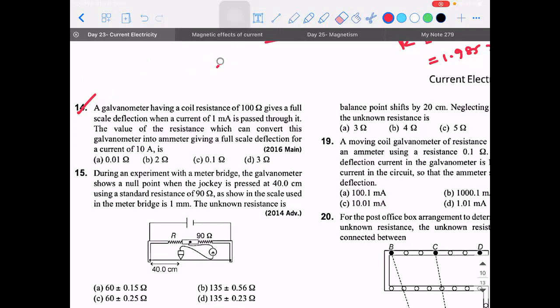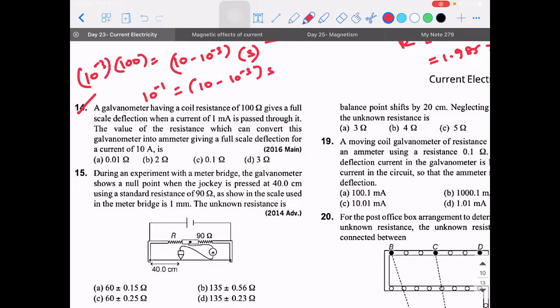What is the answer? Ig, that is 10 power minus 3, into Rg, that is 100, is equal to I minus Ig, that is 10 minus 10 power minus 3, into S. What is it? 0.1. 0.1, that is option C. Yes.